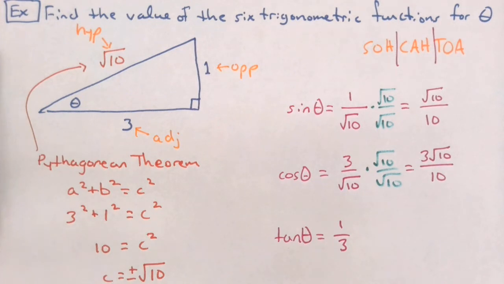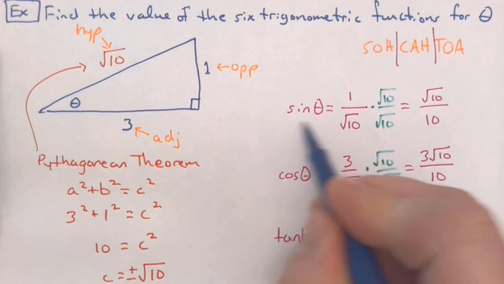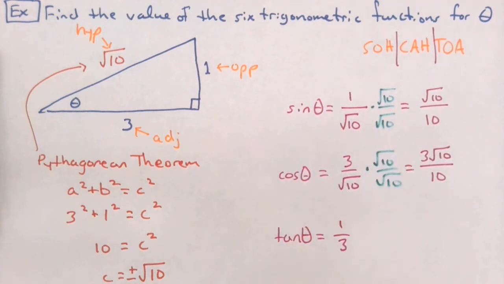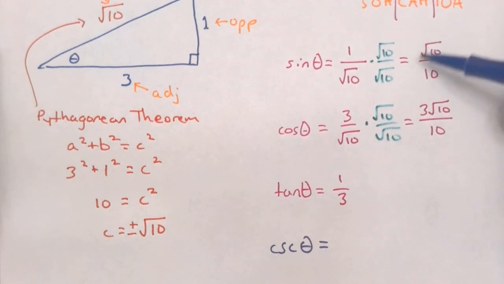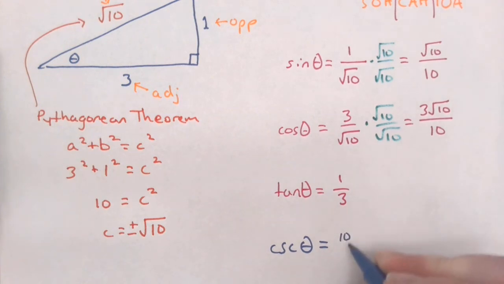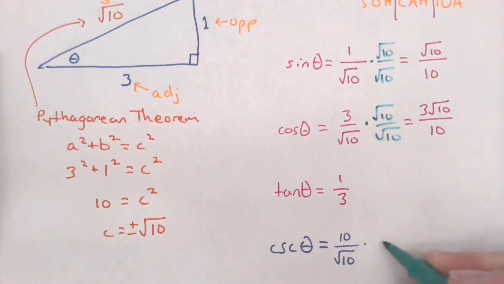When you do that, you can do that a few different ways. In order for us to do the reciprocal of sine, or the cosecant of our angle theta, I could take our final answer here and flip that over. If I do that, I'm going to have 10 over the square root of 10. That is our value for the cosecant, but again, that's got a square root in the bottom, so I should simplify that.